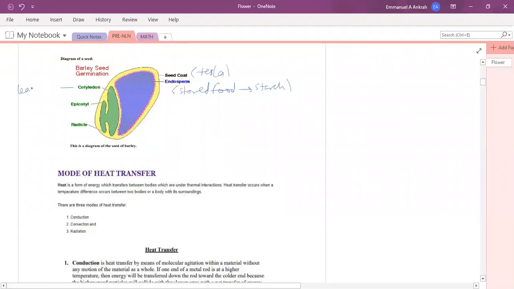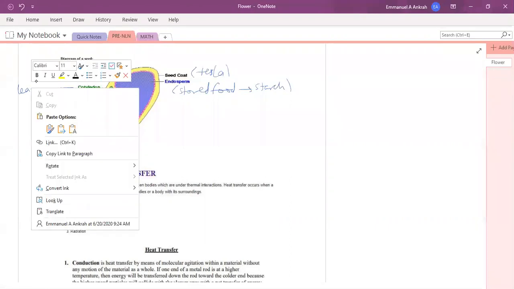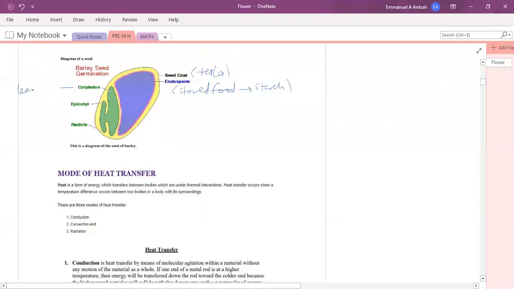Becomes a leaf. So you count the leaves. Then the epicotyl, epi means above, right? And the epicotyl becomes the shoot.